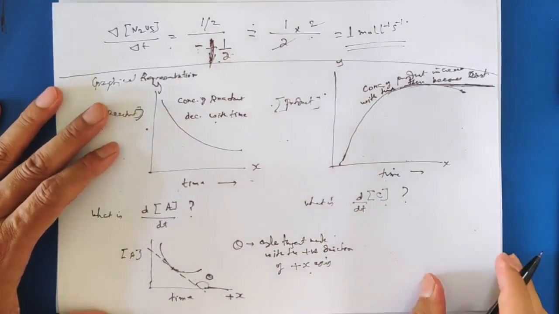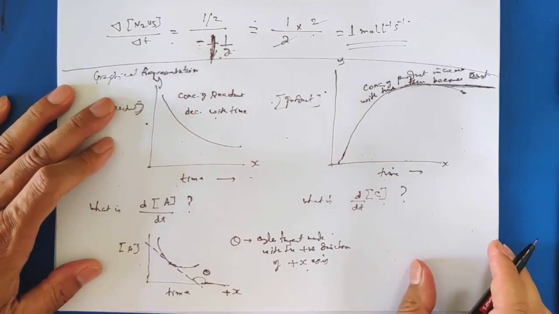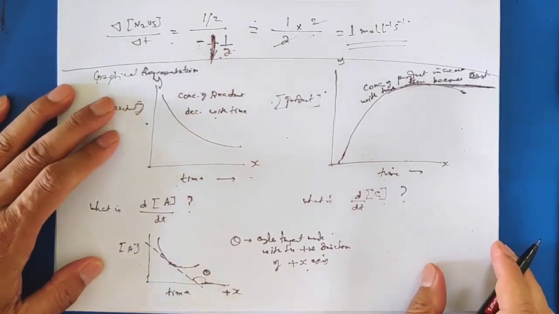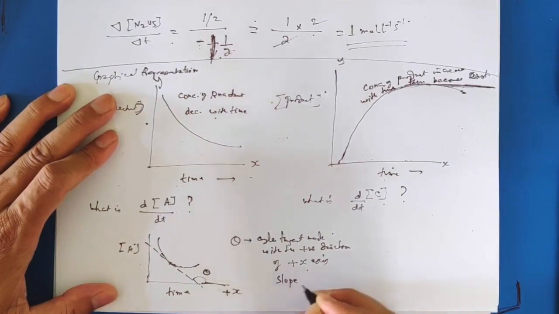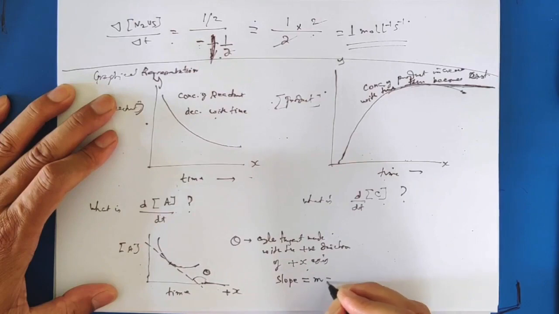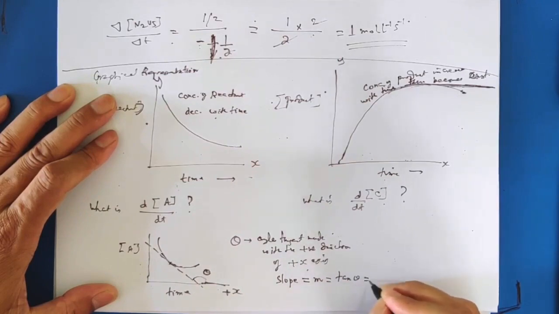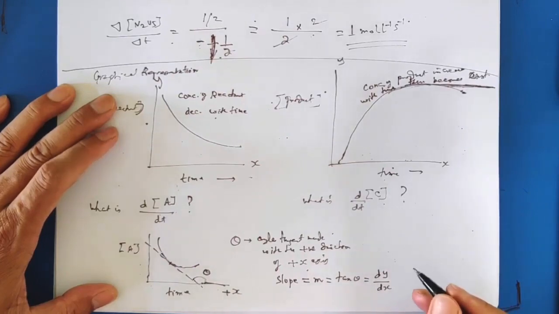So dA by dt, del A by del T, is the slope of the graph. Slope is represented by m, and this is tan theta. How will you represent this? Change in y-axis divided by change in x-axis, dy by dt.